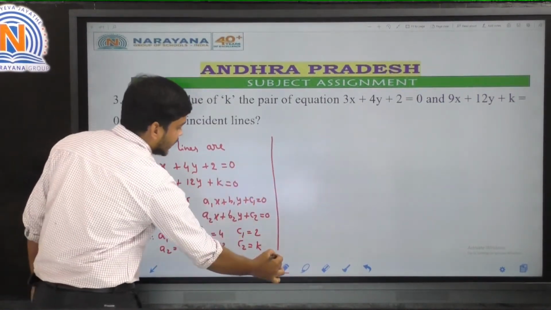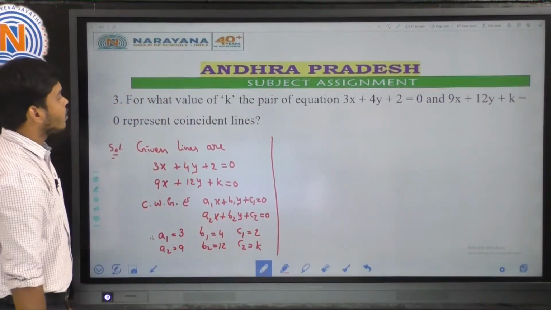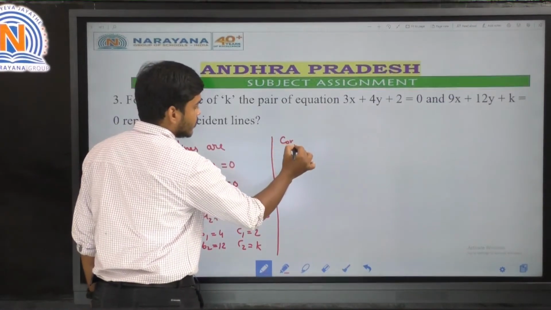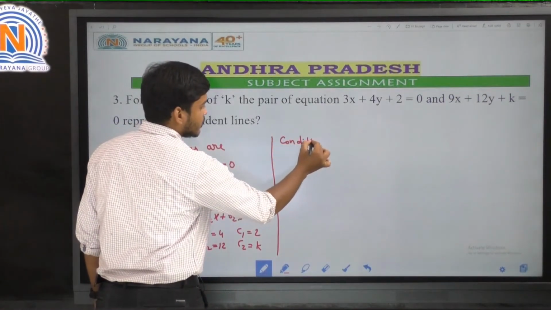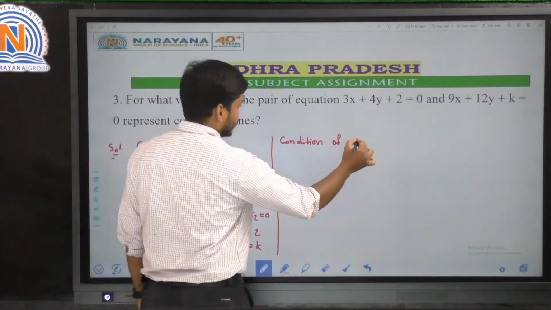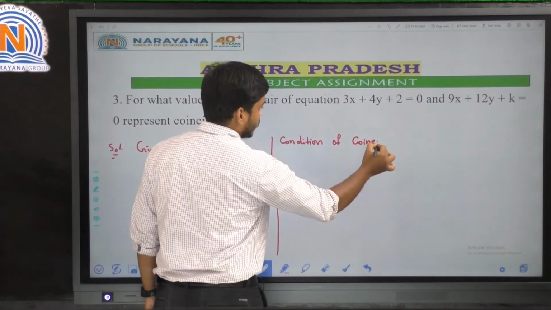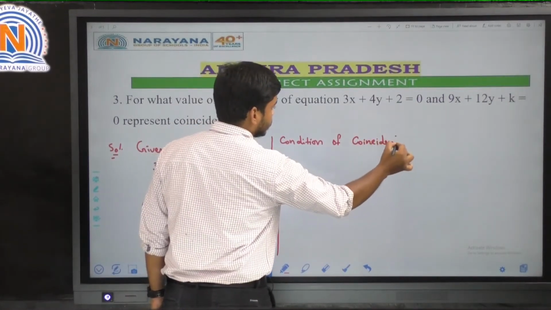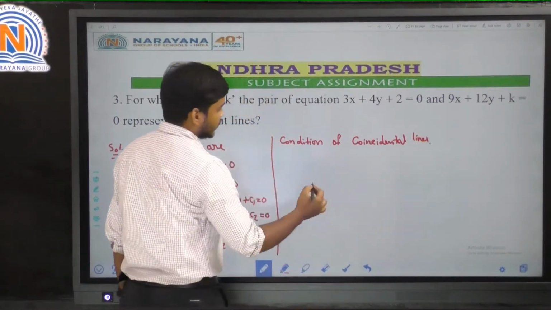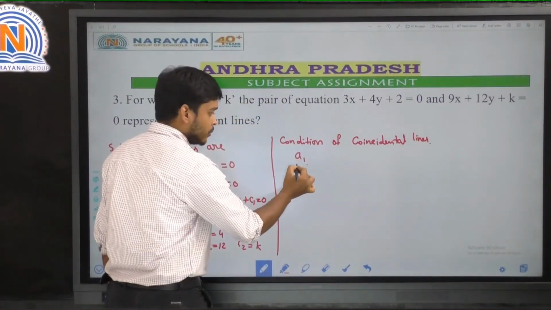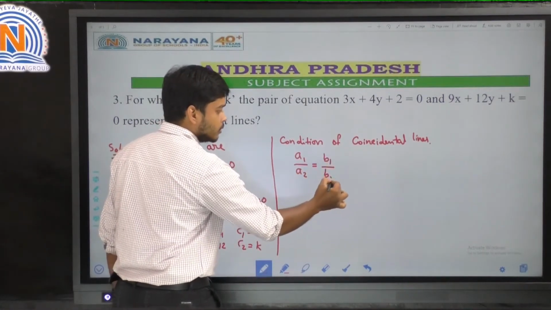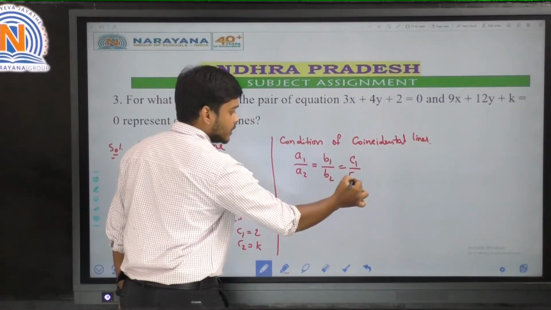See children, the condition for coincidental lines is a1 by a2 is equal to b1 by b2 is equal to c1 by c2.